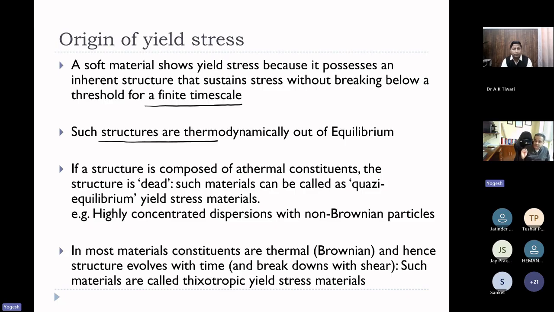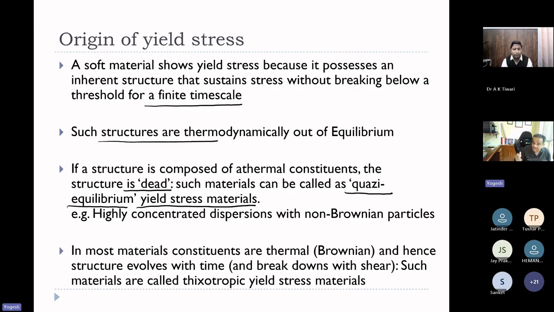If the constituents of the yield stress fluids are athermal in nature, which means that they do not undergo thermal motion or Brownian motion, then the structure is practically dead. Such materials are called quasi-equilibrium yield stress materials.